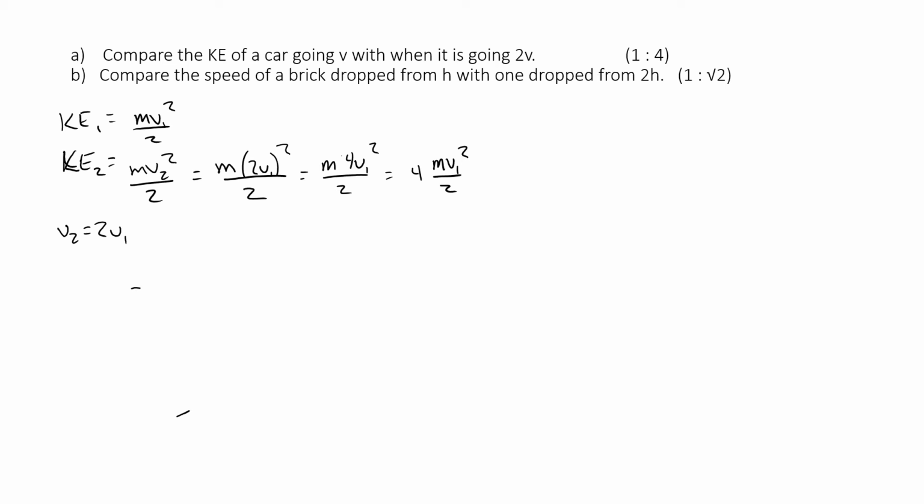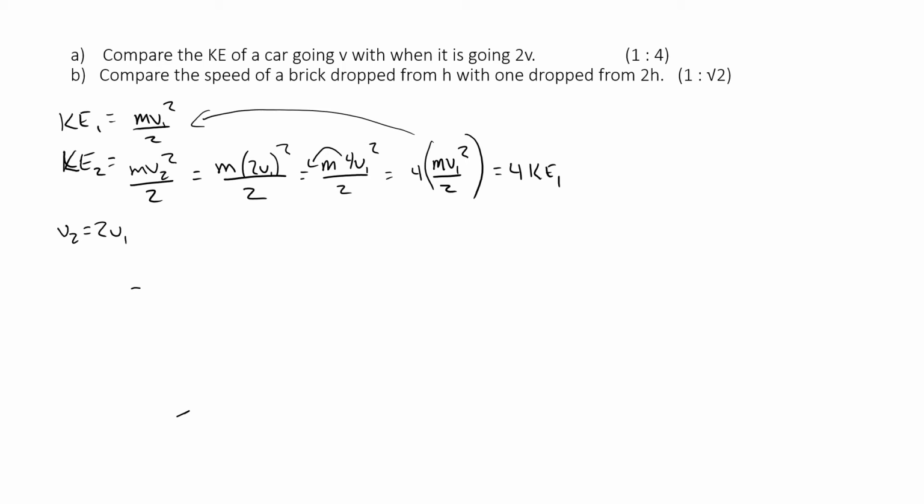All I did there is just take that 4 and pull it out over here. So it's the exact same thing. Now, MV1 squared over 2. Oh, guess what? That's the exact same thing as KE1. So by doubling V, we actually quadrupled the kinetic energy.